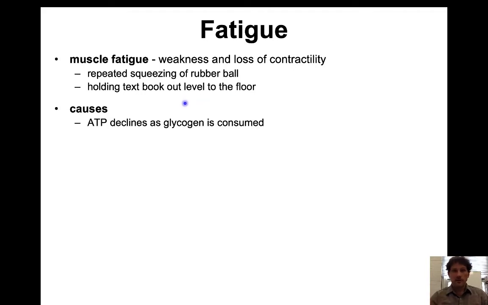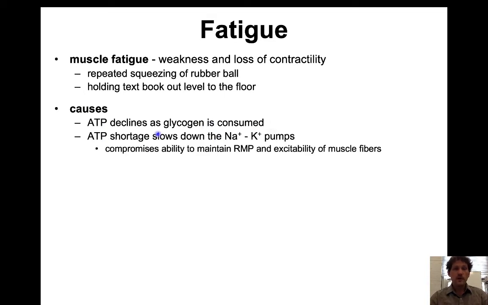Well, you can think of it probably along the lines of ATP concentration. So the longer we're doing something, that ATP is going to decline as that glycogen is broken down. As we decrease our ATP stores, remember our sodium-potassium pumps rely on ATP to actively transport sodium out and potassium in, up their concentration gradients.